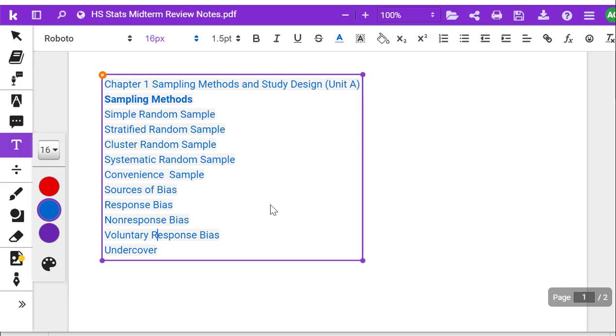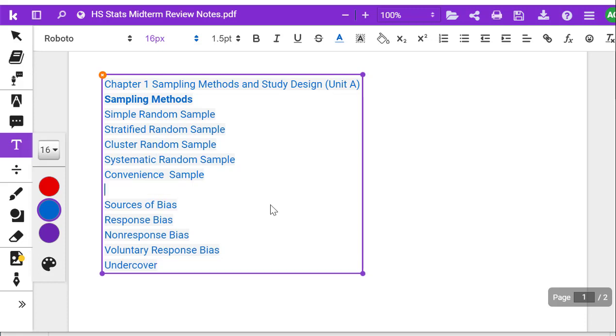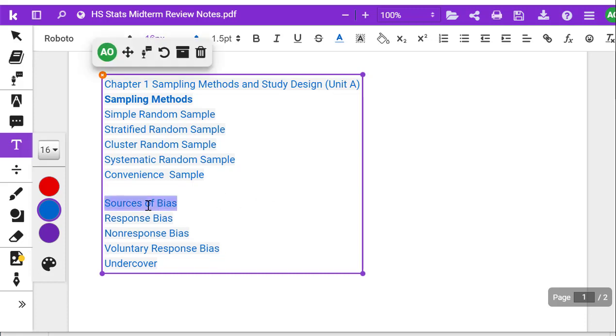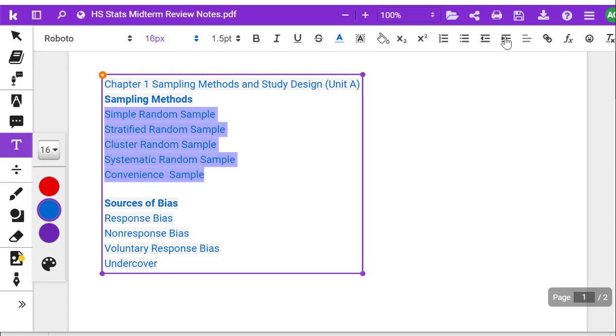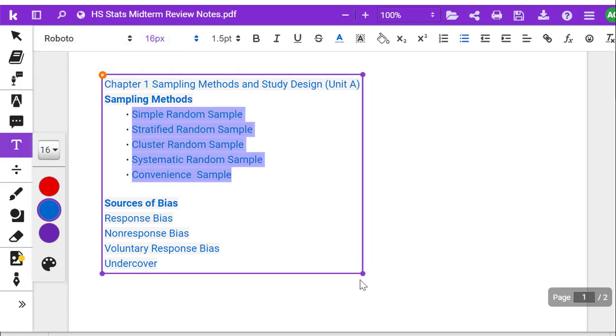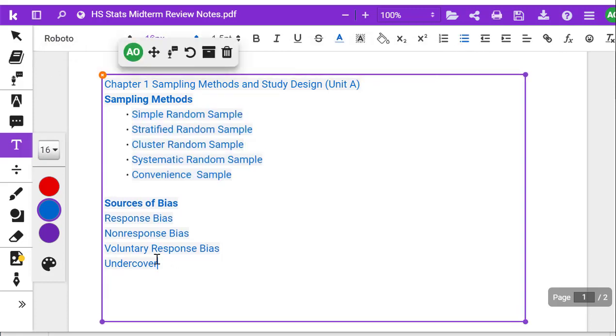Those are the sources of bias. Oh, I think it's going to let me do some nice formatting here. Let me highlight that. So that's a main category here. And voila. I don't need to number them. Order's not important here.